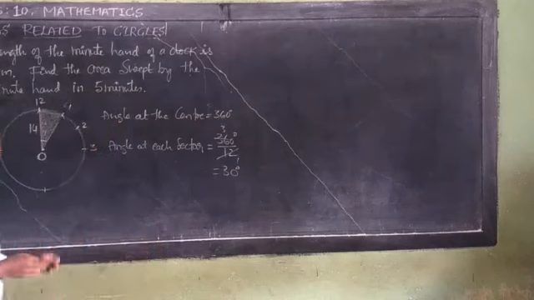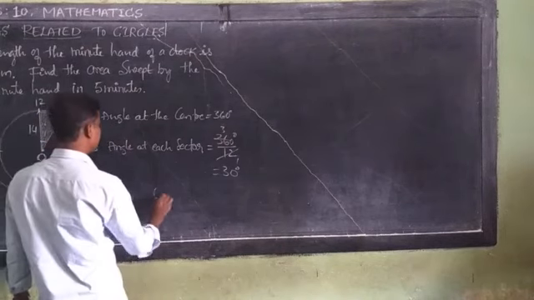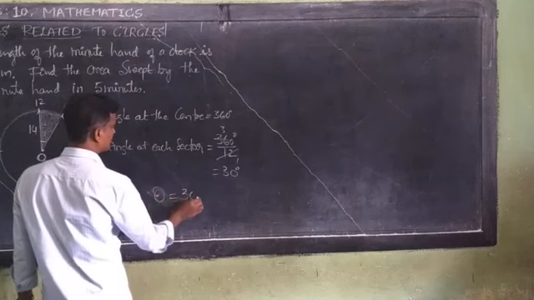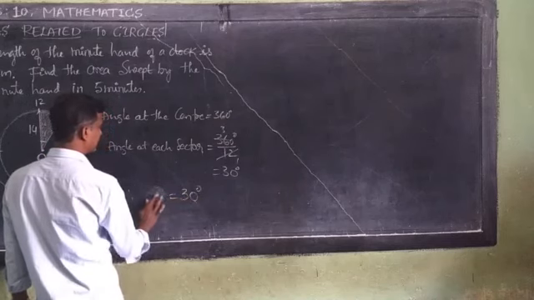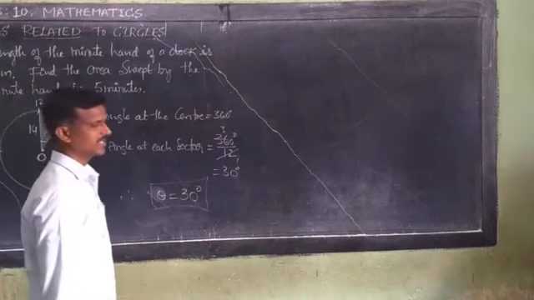Therefore, the angle at each sector is 30 degree. So we get the angle theta at the center equal to 30 degree.